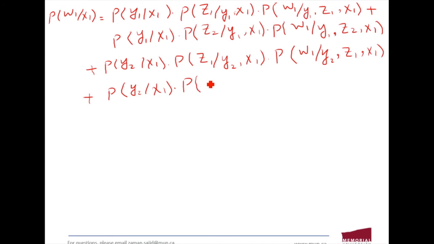So that will be Z2 given that Y2 and X1, and the probability of W1 given that Y2, Z2, and X1.